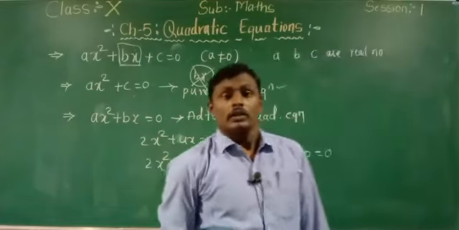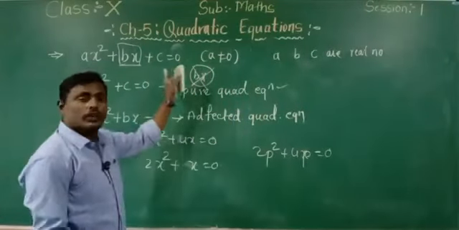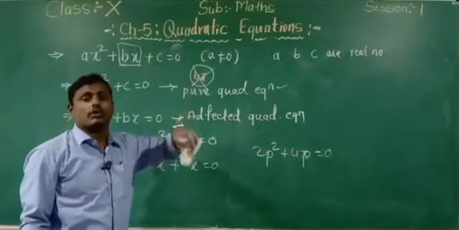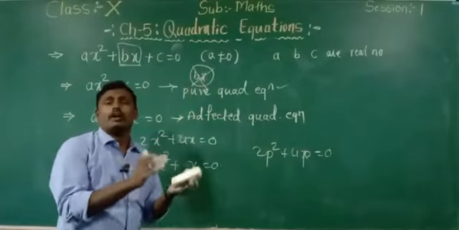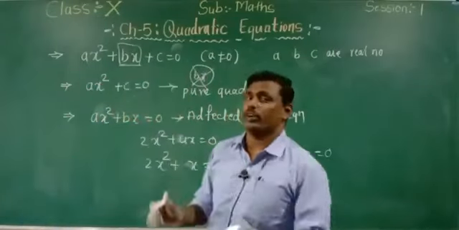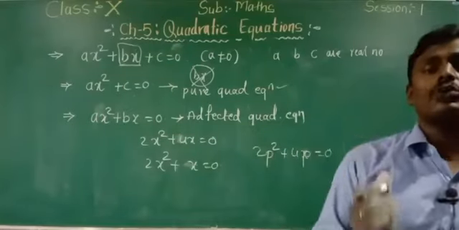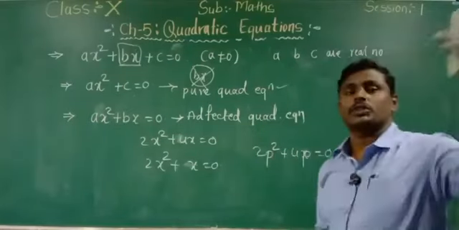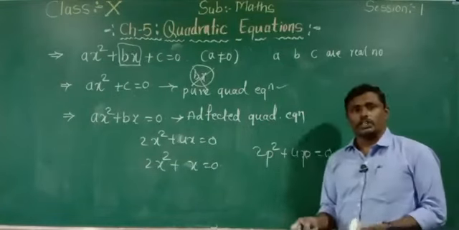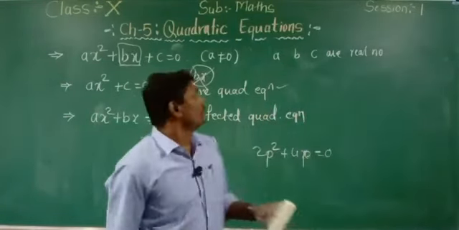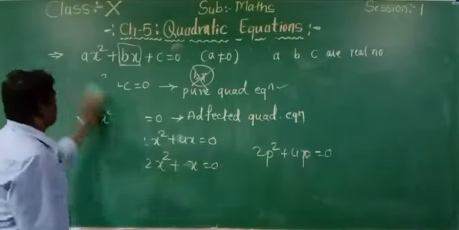Okay, and the solutions of the quadratic equation, what we get after simplifying, the exact values of the variables, are considered the roots of the quadratic equation or solutions of the quadratic equations.